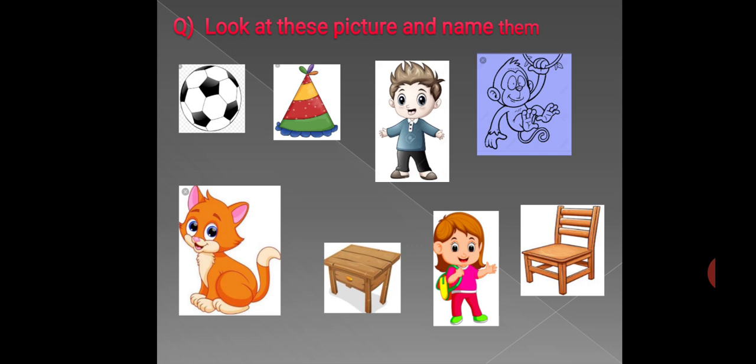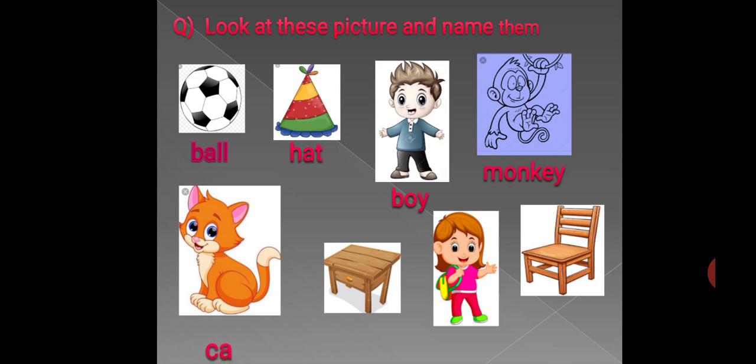So now you will tell me what is this in a circular shape? Oh, that's a ball. What is this in a triangular shape? Oh, that's a hat. That's a little boy. Who is this hanging on a tree? This is a monkey.